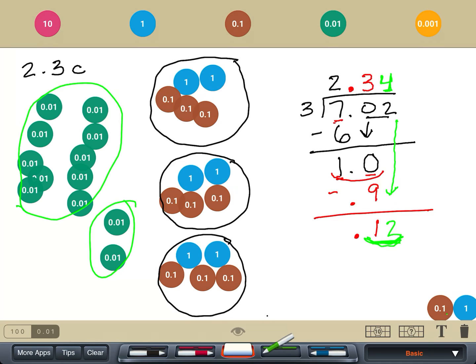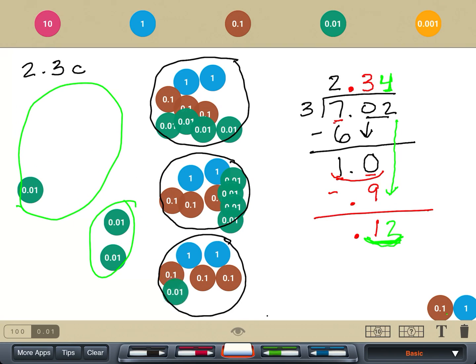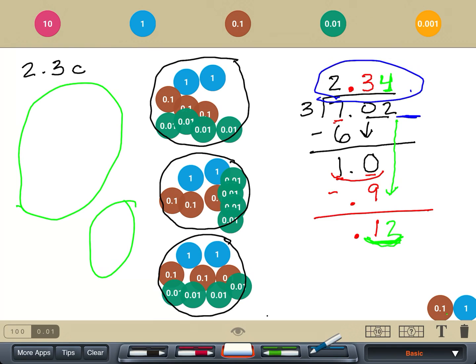This means up here, this 4 means that we should be able to put 4 hundredths into each of these groups and not have any left. And there we have it. When we look at our whole problem here, we don't have anything else to bring down. So our whole answer is here: 7 and 2 hundredths divided by 3 is 2 and 34 hundredths, or 2 wholes, 3 tenths, and 4 hundredths.